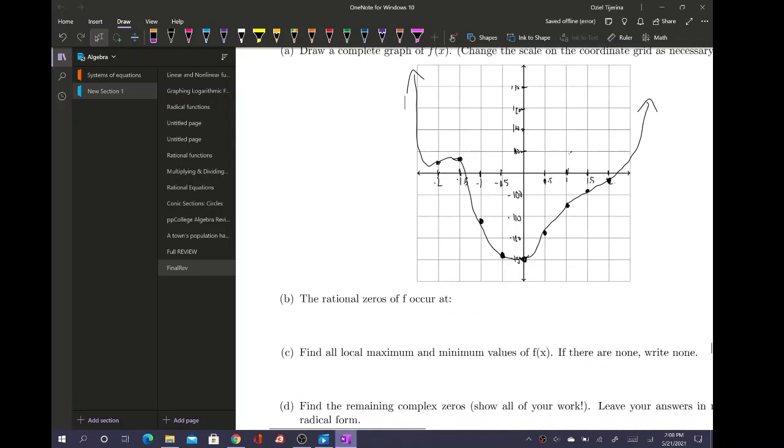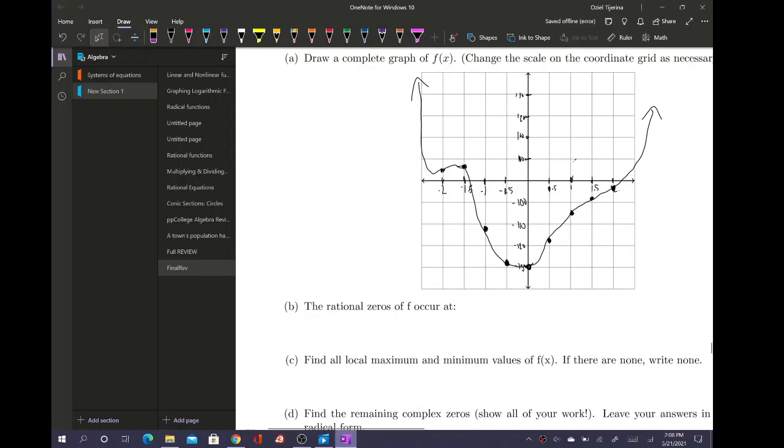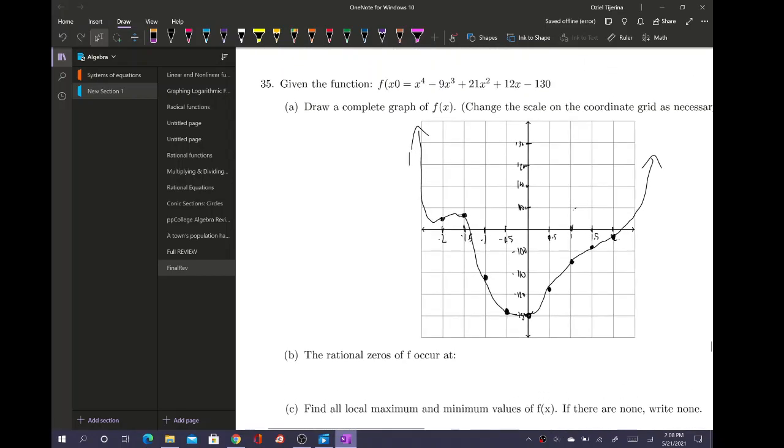Now it says to find the rational zeros of f.